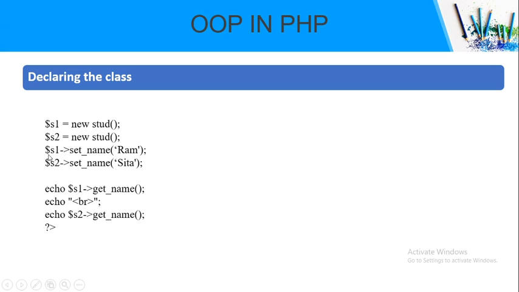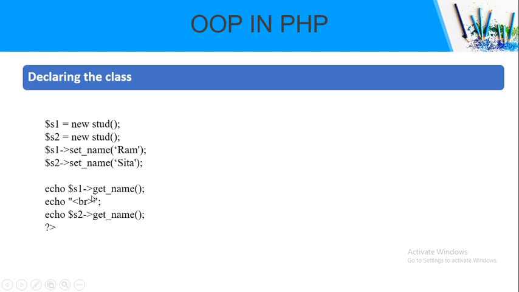Then by using the $s1 object you can call the function setName, and pass the argument as Ram. Likewise you can call this function again by using the other object $s2, and pass the argument name Sita, and you can display that name by using the getName method, meaning you can echo that function.